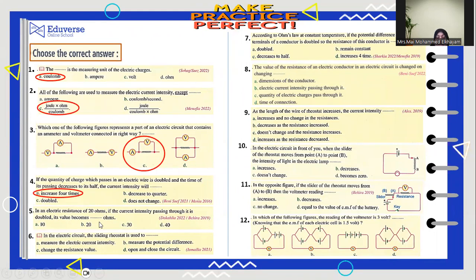In an electric resistance of 20 ohms, if the current intensity passing through it is doubled, its value becomes what ohms? This is one of the confusing questions, as we're going to see in other questions also. Please pay attention. When we say I have a resistance like this, for sure, this is a definite length. So when we increase the current intensity, it will not affect the resistance. What is the meaning of resistance?